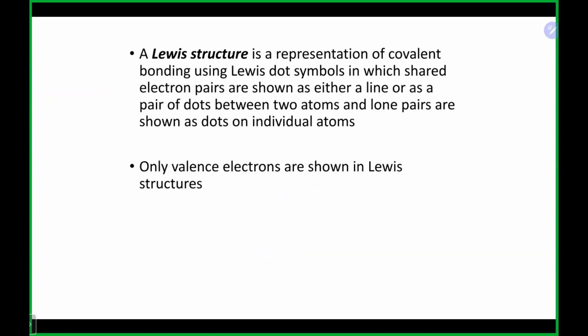So a Lewis structure, again, is a representation, as we saw there, of covalent bonding, where we could show electrons being shared with a line or a pair of dots. A thing to remember is that when we do draw Lewis structures, we are only really showing the valence electrons. Those are the only electrons that are involved in bonding.